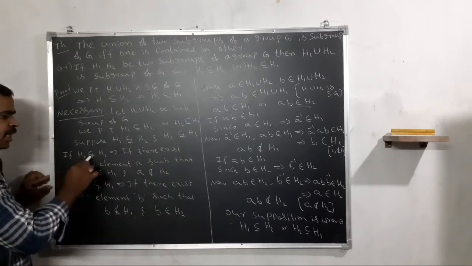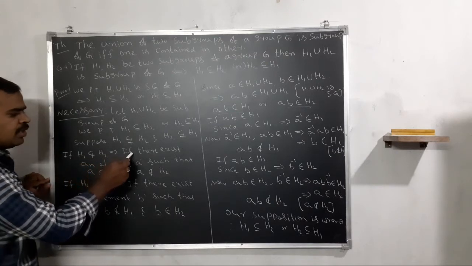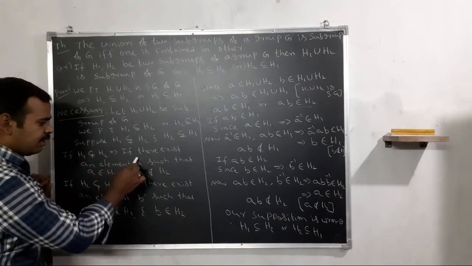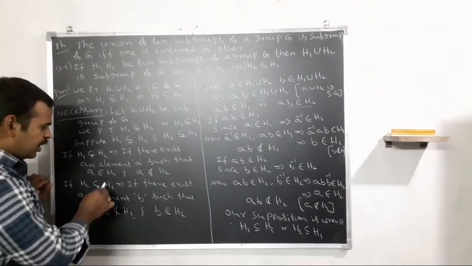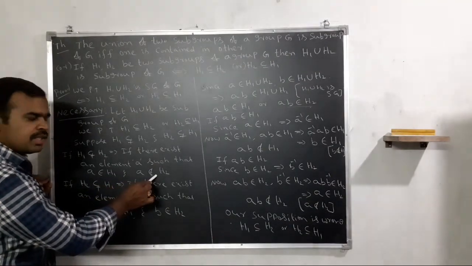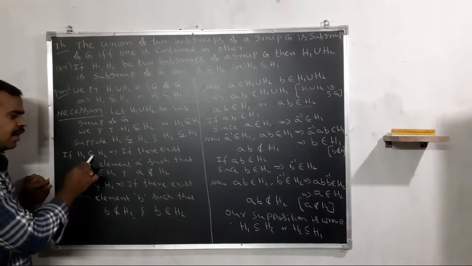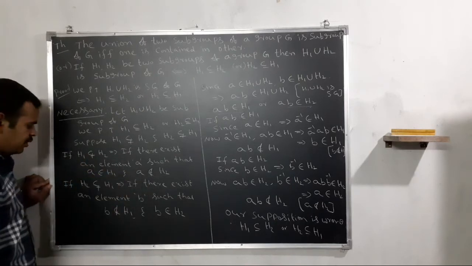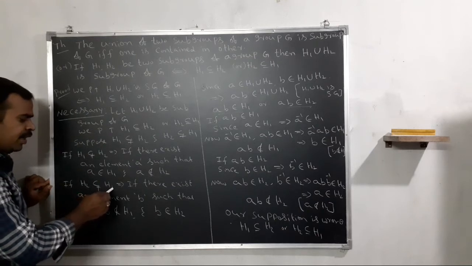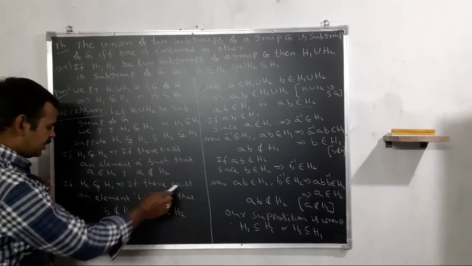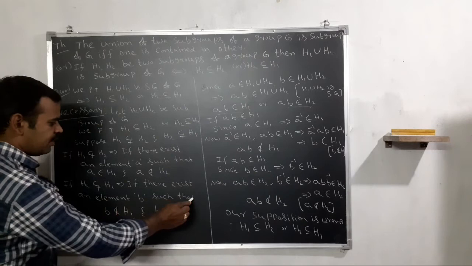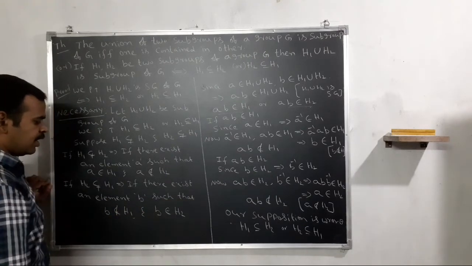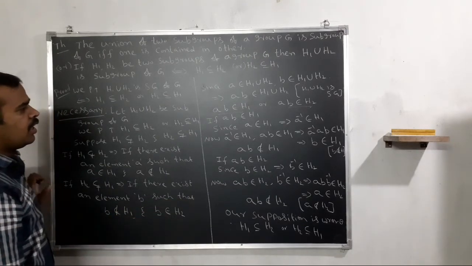First, if H1 is not contained in H2, there exists an element A such that A belongs to H1 and A does not belong to H2. If H2 is not contained in H1, there exists an element B such that B does not belong to H1 and B belongs to H2.